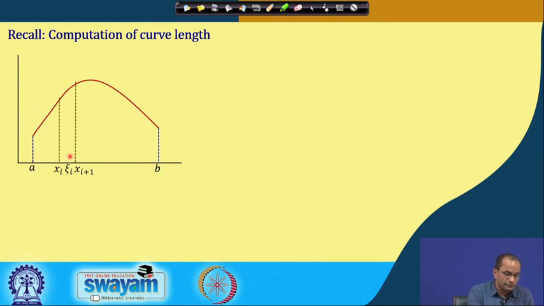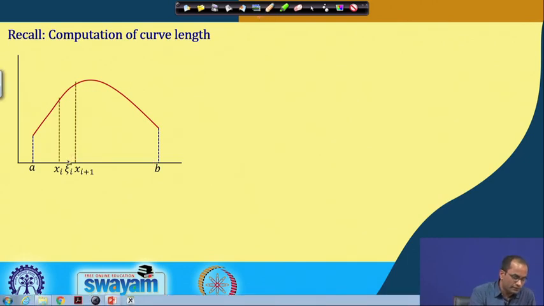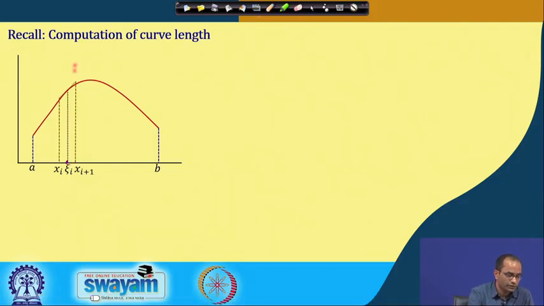Let us consider this point, for instance, xi_i within the interval x_i to x_(i+1), and corresponding to this point xi_i we draw a tangent at the point (xi_i, f(xi_i)).